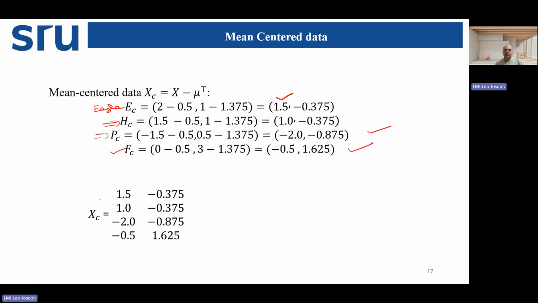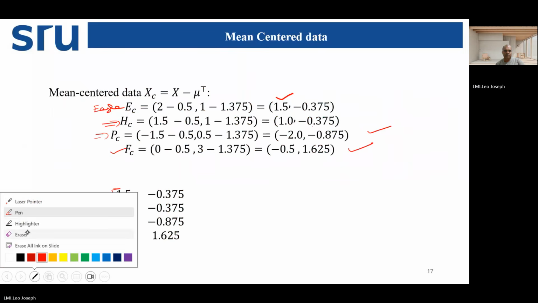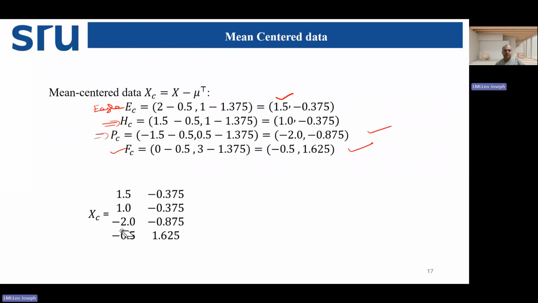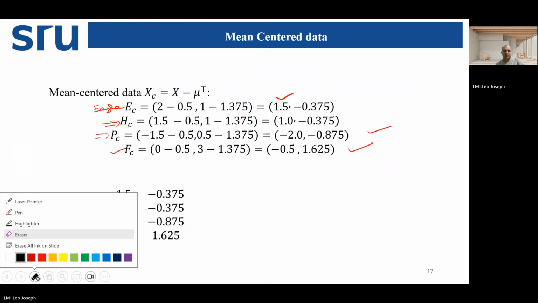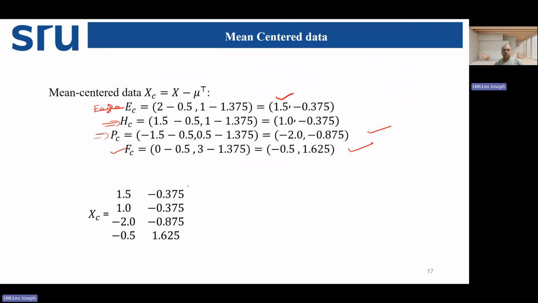So finally, I am computing a centered matrix: 1.5, minus 0.375; 1, minus 0.375; minus 2, 0.875; minus 0.5, 1.625. This is called the mean centered data. The first one is the data matrix, and now this is the data centered matrix.